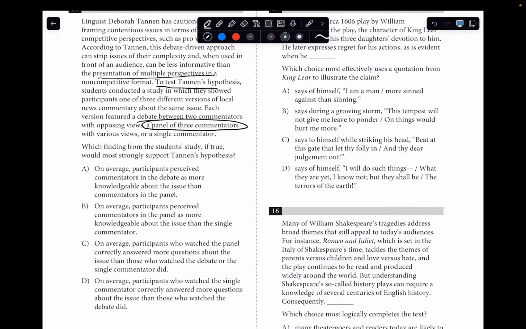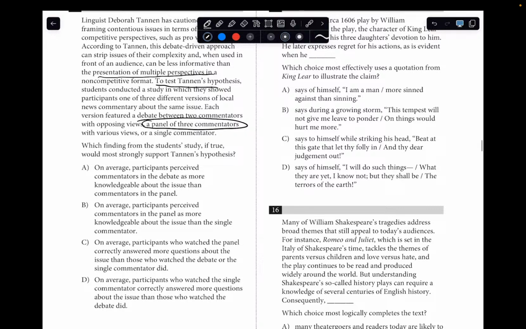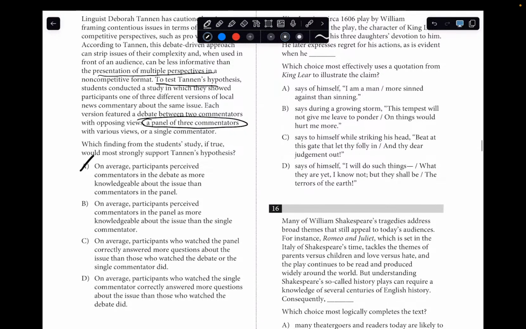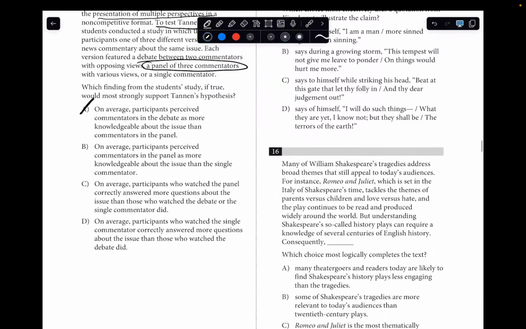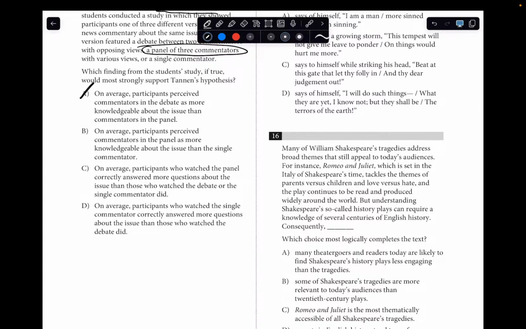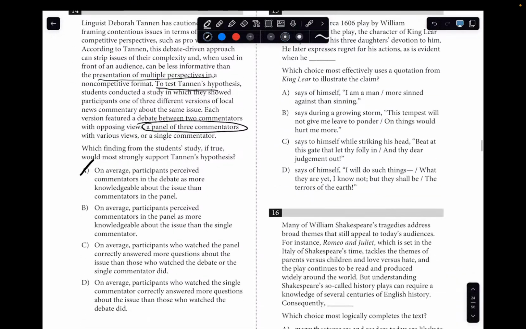what is being discussed. So A, on average, participants perceive commentators in the debate as more knowledgeable about the issue than the commentators in the panel. No, that would directly contrast or come into conflict with her claim. B, on average, participants perceive more commentators in the panel as more knowledgeable about the issue than the single commentator. I don't think there's really anything there that suggests that.